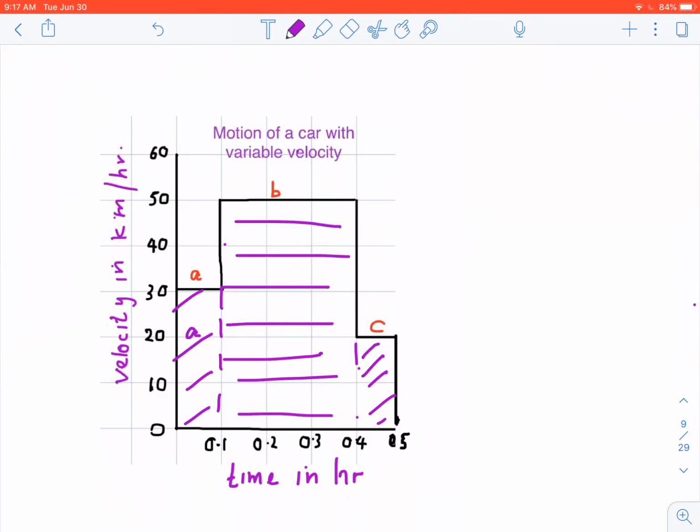So if we have the area below a velocity time curve, we can now determine the displacement.